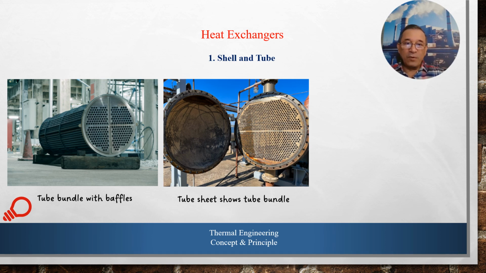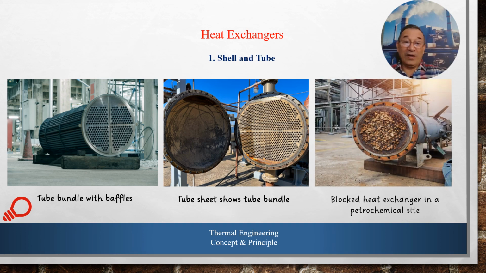If you look at the first photo on the left-hand side, it is for a clean heat exchanger. During use, we usually expect these heat exchangers to suffer a sort of contamination or blockage. The photo on the right-hand side shows a severe impact of the petrochemical process on these tubes.